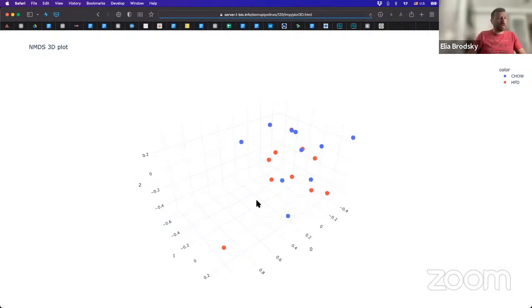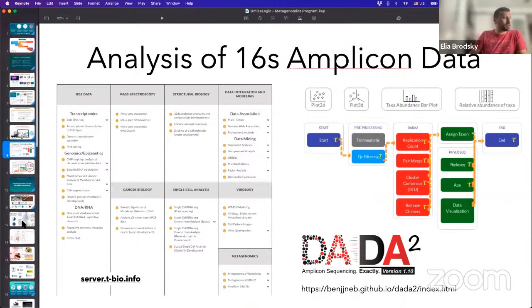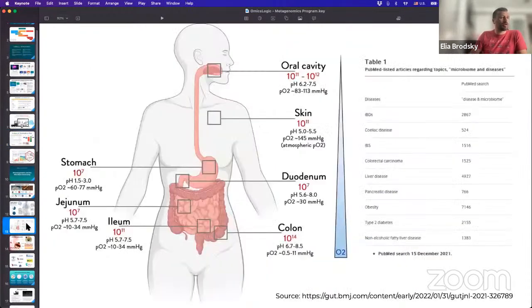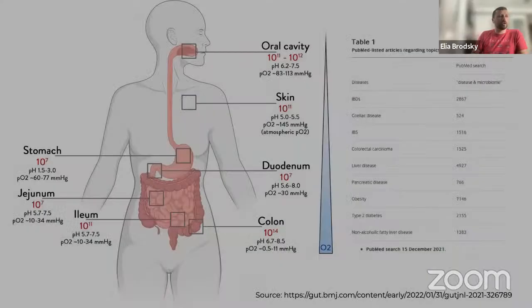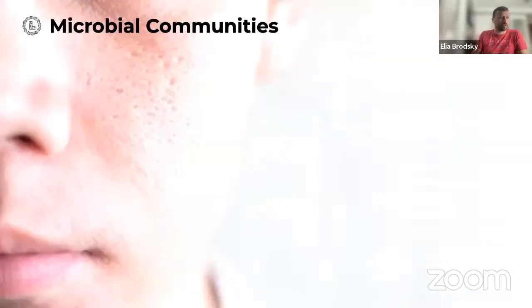So in this program, I will briefly mention several of the important aspects of the microbiome. We will learn about the microbiome in the human body, including the skin and the gut or the stomach, where you will understand the different types of compositions associated with different kinds of phenotypes.